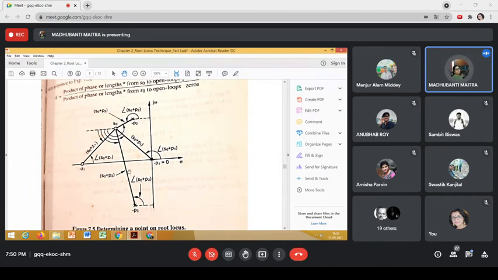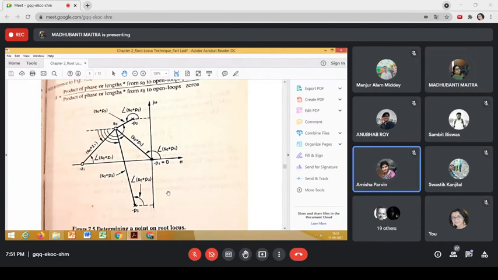Similarly, we join this open loop complex pole to this trial point and construct this phasor. This is the angle contributed by the open loop pole P3 at this point, and this is the phasor which joins the trial point with the open loop zero. So this phasor is S0 plus Z1, and this is the angle contributed by this open loop zero at this trial point. Clear?